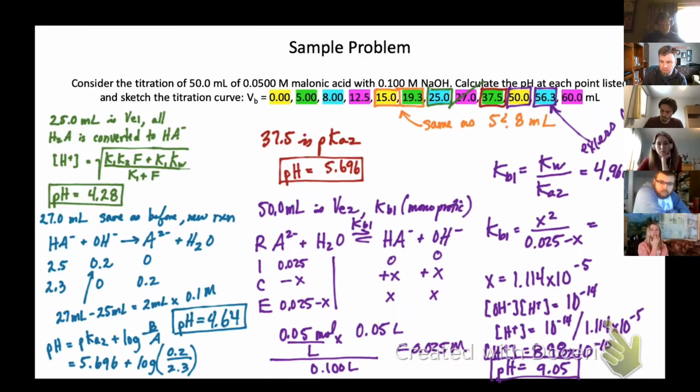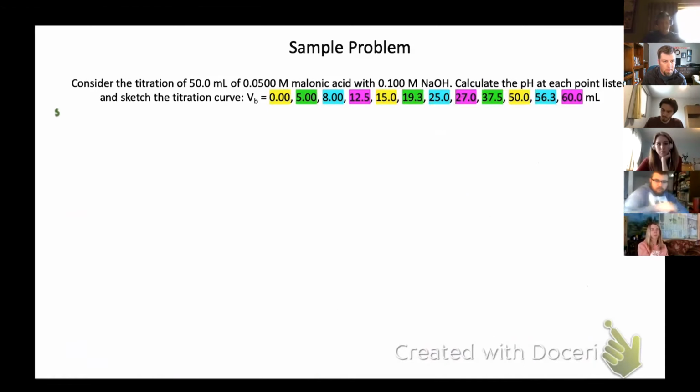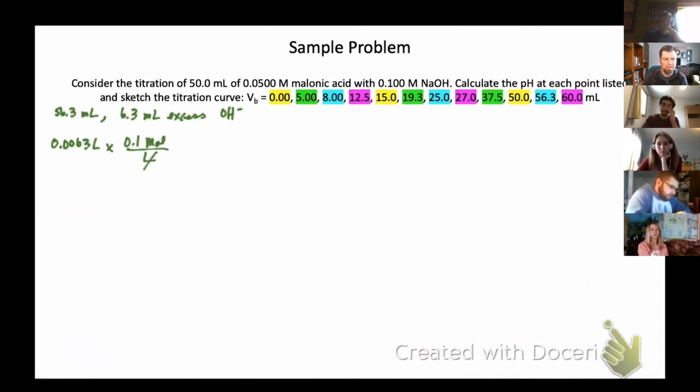Okay, so excess hydroxide, as I've noted here, at 56.3, I'm going to show the calculation, though it's worth noting it's identical at 60, just with numbers that we start with are a little different. So the start of this here, we start out with the 6.3 milliliters.